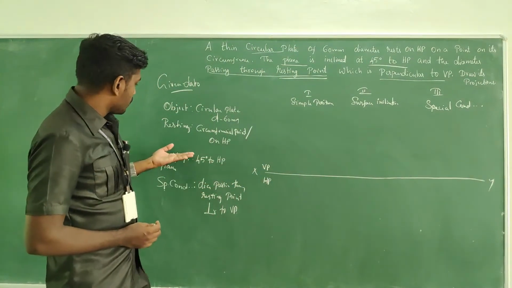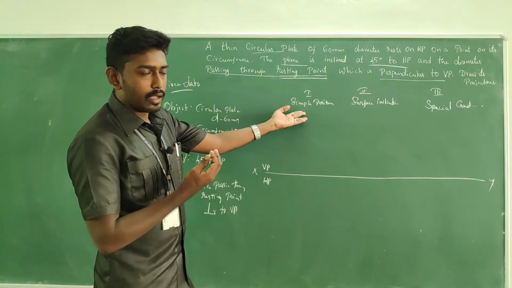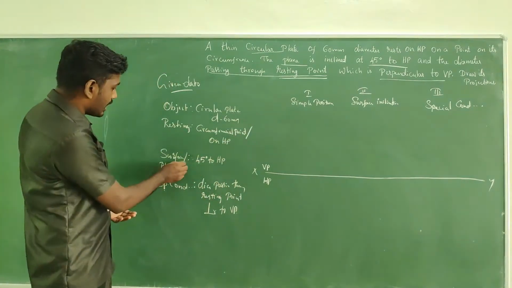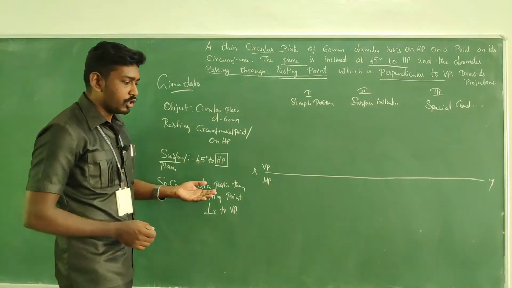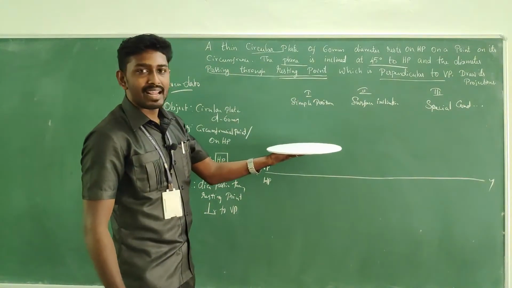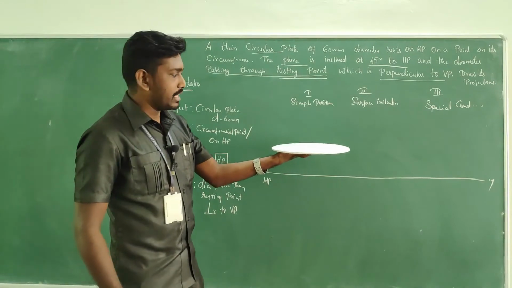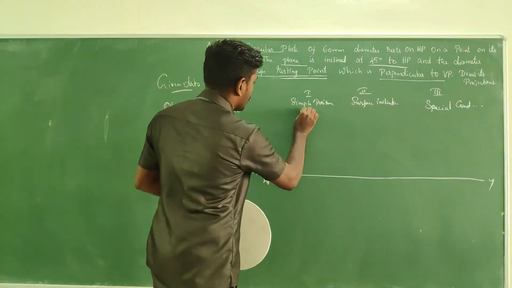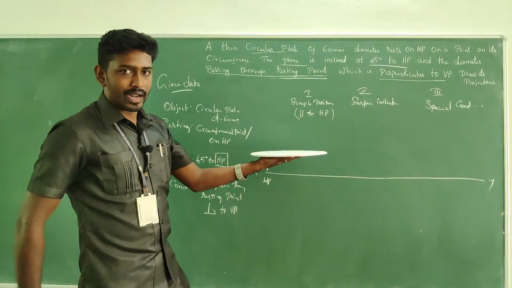See, first in the simple position, in order to take the assumption, we have to see the surface inclination. Since the surface is inclined to HP, we're going to take the object just parallel to HP. If you take it parallel to HP, what happens?